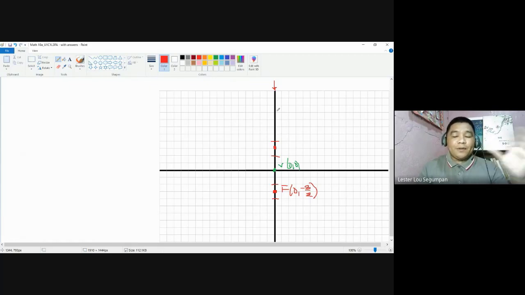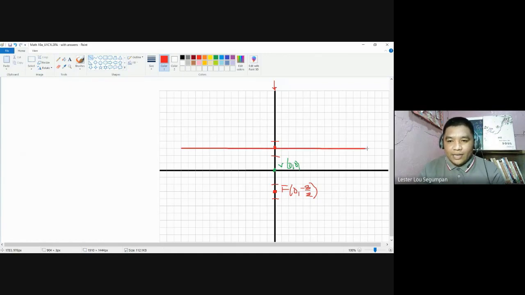If the y-axis, or the axis of symmetry, is vertical, then definitely our directrix is horizontal, passing through this point. And we can draw here a horizontal line passing through that point.